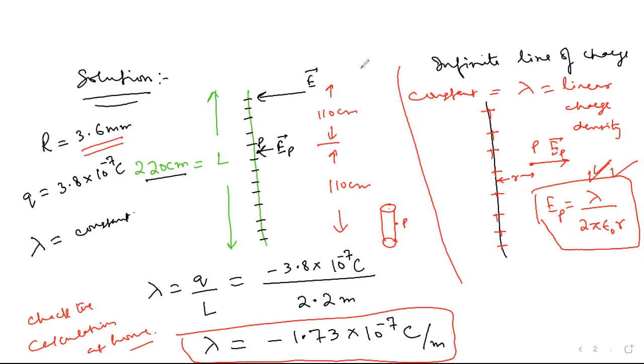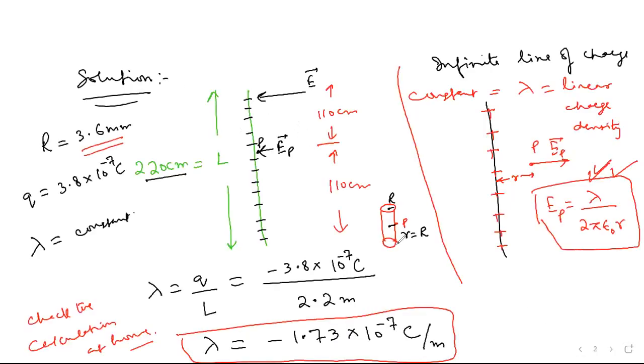Let me use this color, black. This is R. So my distance from the center, my small r, is capital R, the radius of the rod. So let us put the numbers and solve for the electric field at point P.